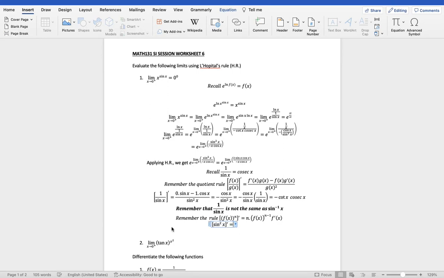Again, our n here is equal to 2. So you have 2 multiplied by sine of x to the exponent 2 minus 1, which is just 1, so I won't write that. So 2 sine x multiplied by the derivative of sine of x, which is cos of x, which gives us the answer that we got there. So does everyone understand now?